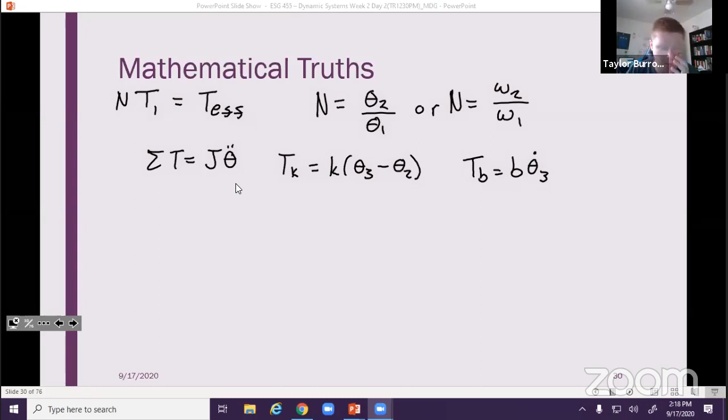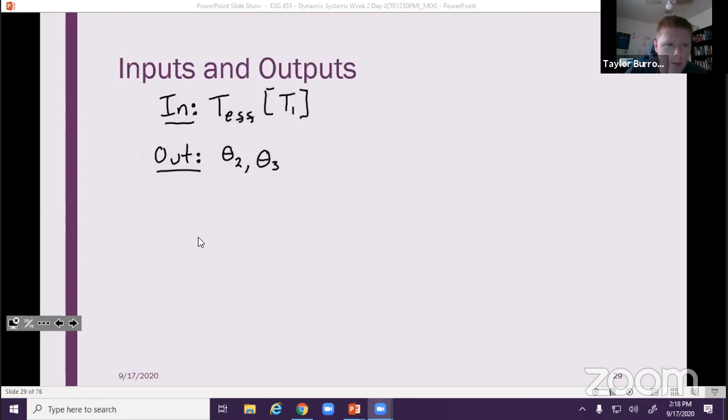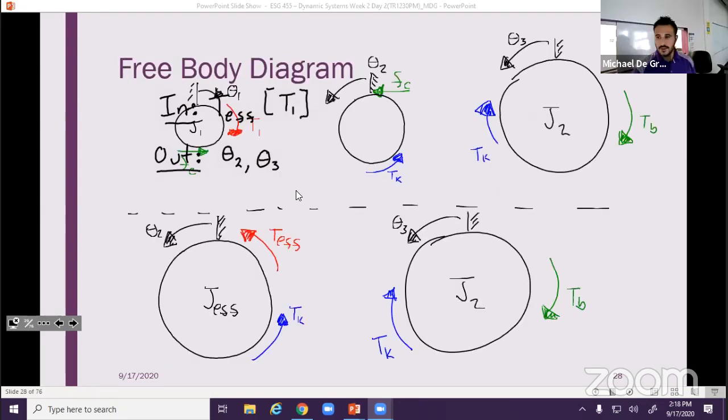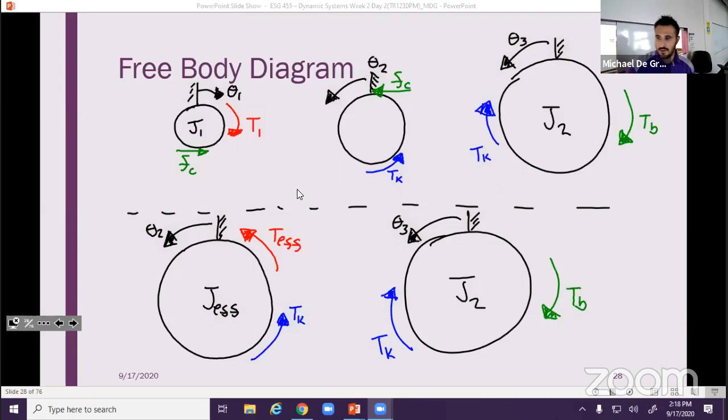I have a question before we move on. For your spring term, why is it theta 3 minus theta 2? I assumed that theta 3 was bigger, the way that I've drawn this. You can see how I drew my spring torque.